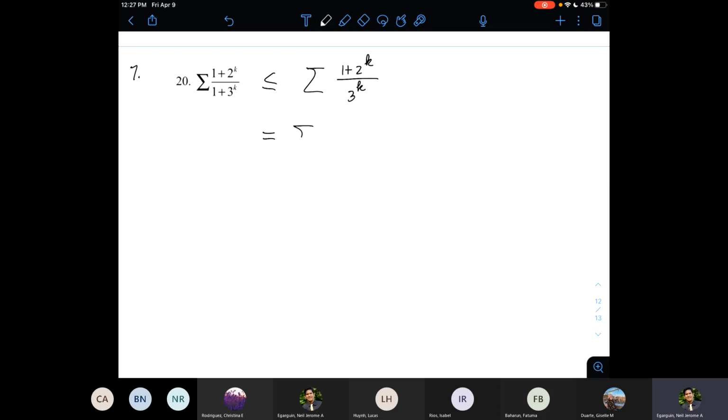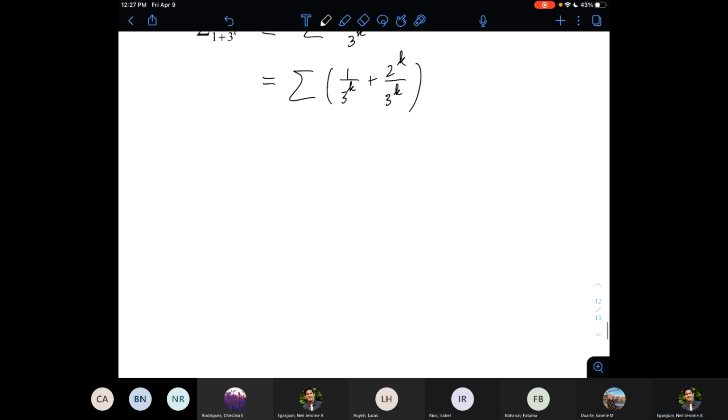But what I can do here before specifying the test is to isolate or to break it down into two fractions. First, I'll have a 1 over 3 to the k plus 2 to the k over 3 to the k. And then you see that this is just 1/3 to the power k plus 2/3 to the power k inside the summation.